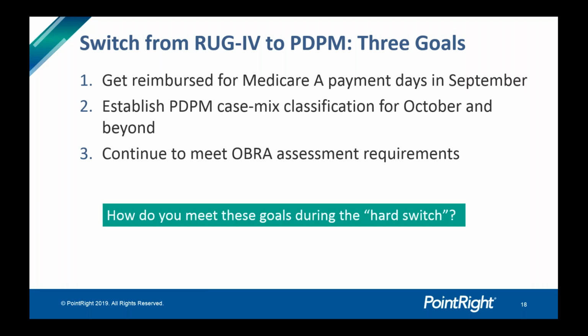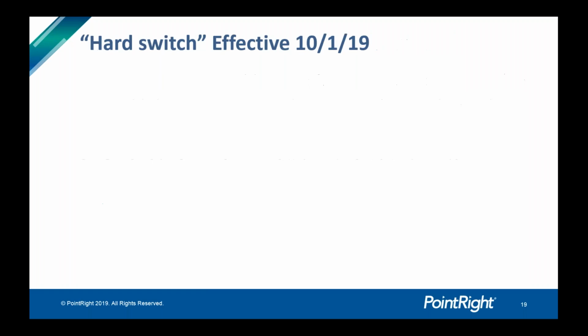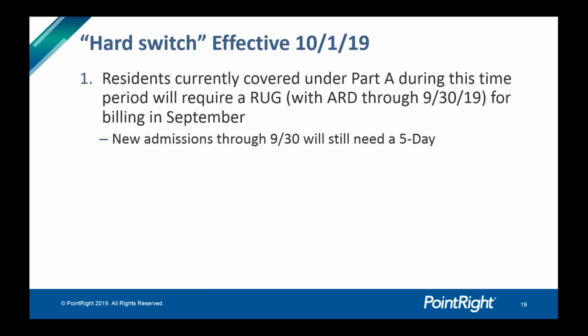So how do you continue to meet all of those goals during the hard switch? The reason for the hard switch is that you're still going to have to bill for September, right? So every resident you have in your facility covered under Medicare Part A through September 30th of 2019 will need a RUG for billing in September.